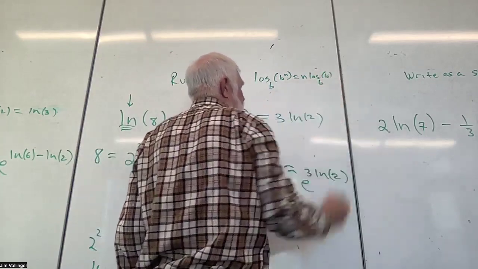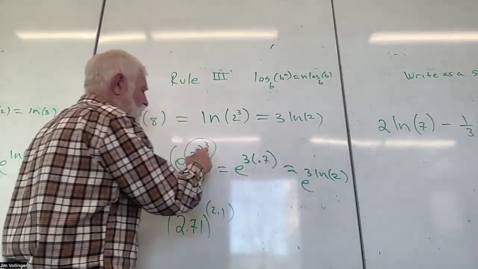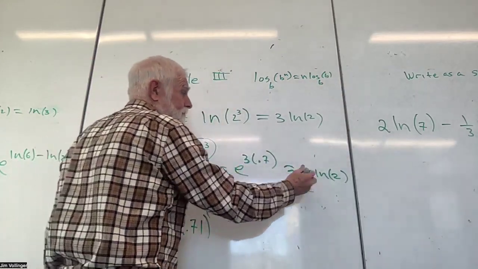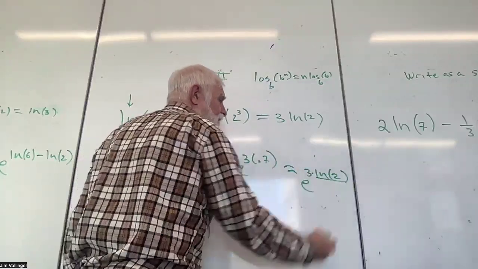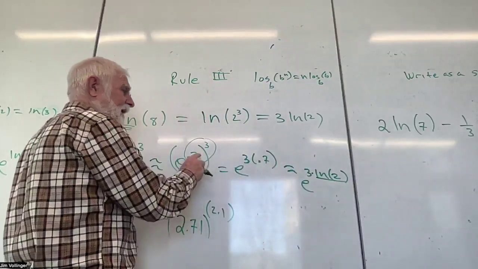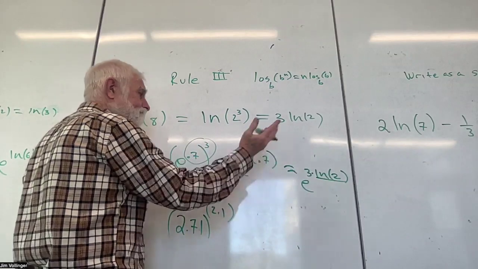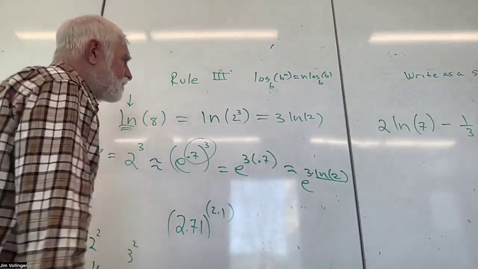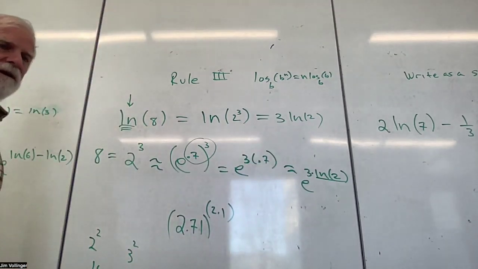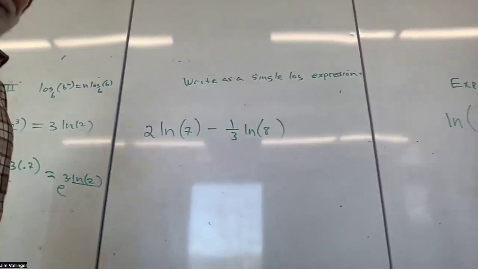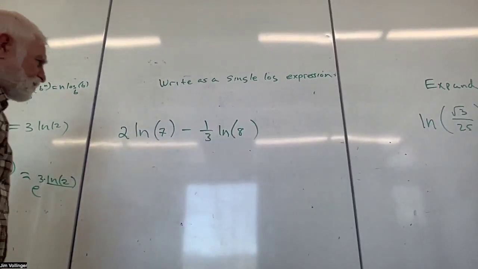In other words, power to power is a form of multiplication. And ln of 2 is an exponent, and I think it's that exponent approximately. So I hope that the numbers speak for themselves. So how could I write the following as a single log expression?